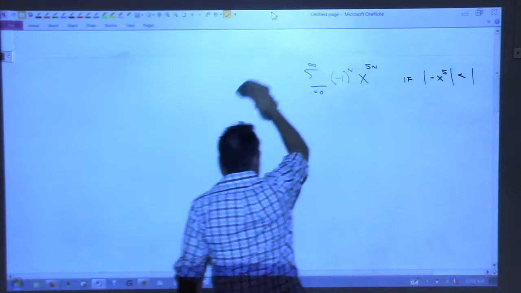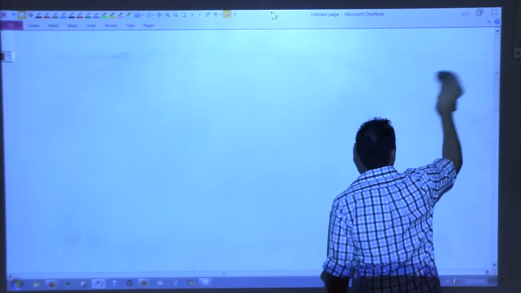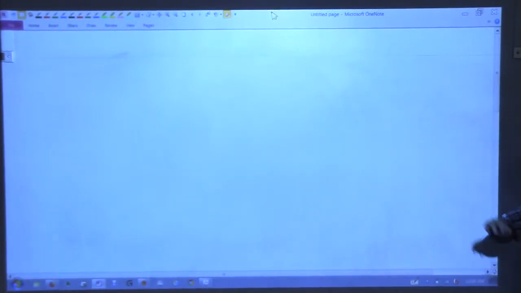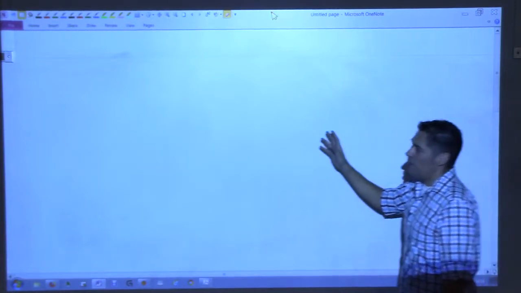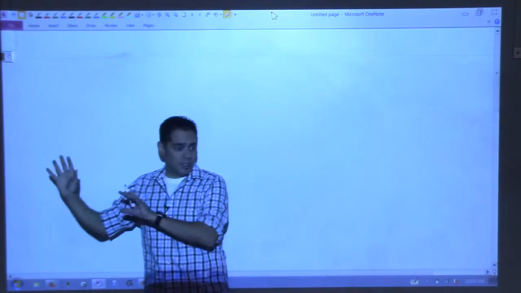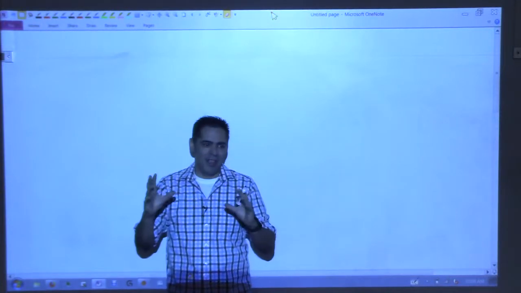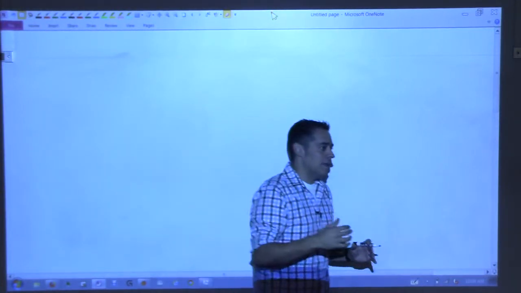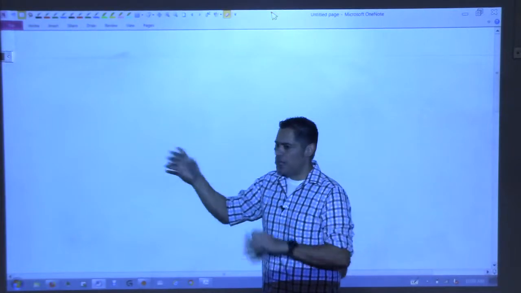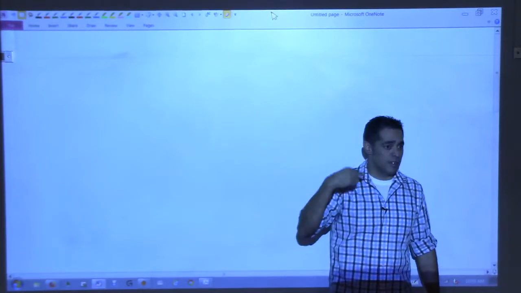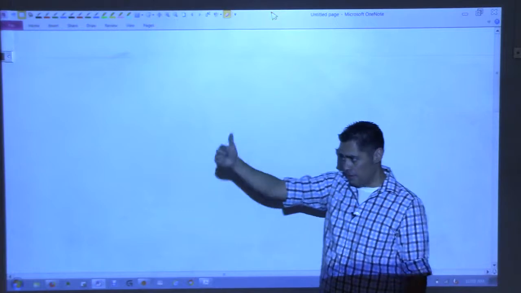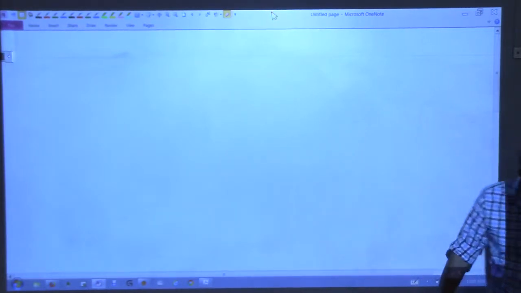All right, let's continue. We're still in the same section. I think you would agree that what I've shown you so far, we can convert some functions into power series, but they have to look like a certain thing, right? The ultimate goal would be, hey, somebody gives me a function, any function, can you convert it to a power series? That's the ultimate goal, all right? We're not there yet.